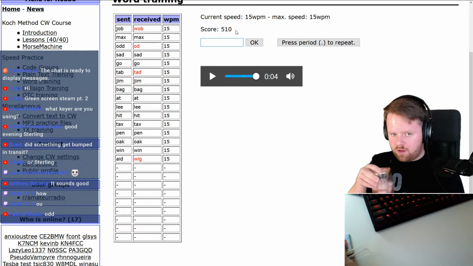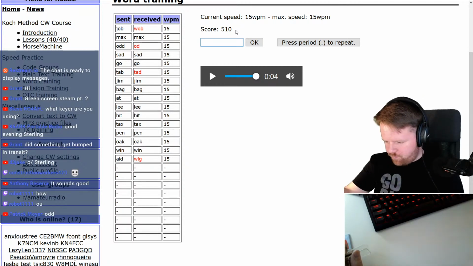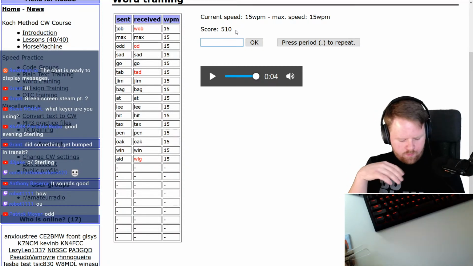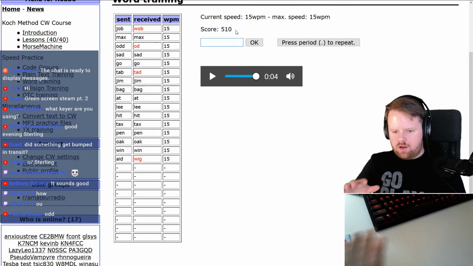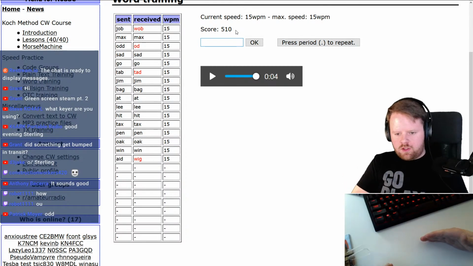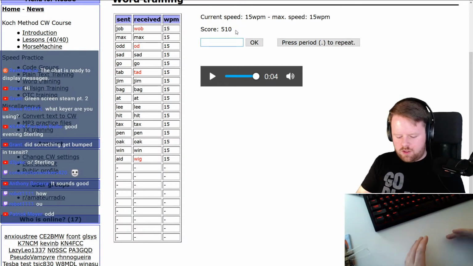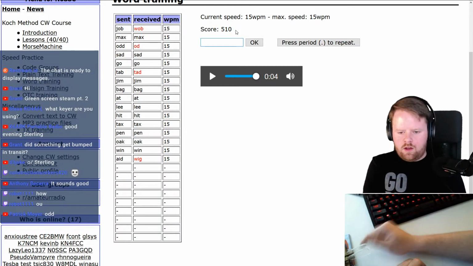But I'm trying to work on this higher speed because this is where head copy, I think, if I could graph it, the slower you go, it's actually a lot harder to get up to a point where you're conversational, where the speeds of your hand and your brain kind of work together and it flows.